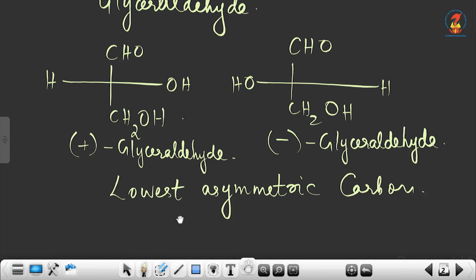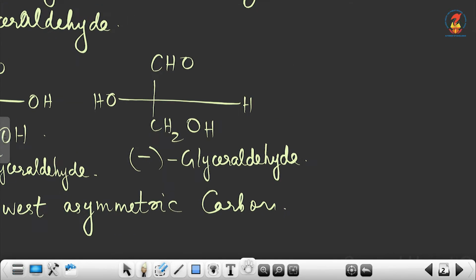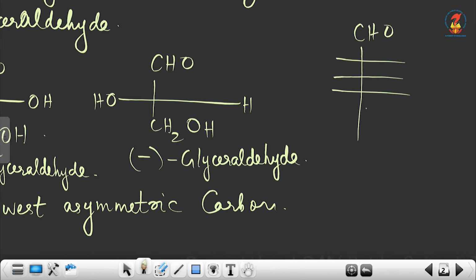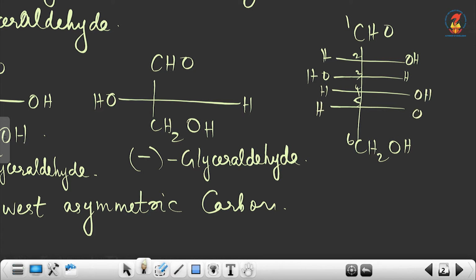So, I am going to draw the Fischer structure of glucose again. The structure is CHO, CH2OH. Always number the carbon atoms. Here we have H, OH, OH, H, OH, H, OH. Here the lowest asymmetric carbon atom is this one.